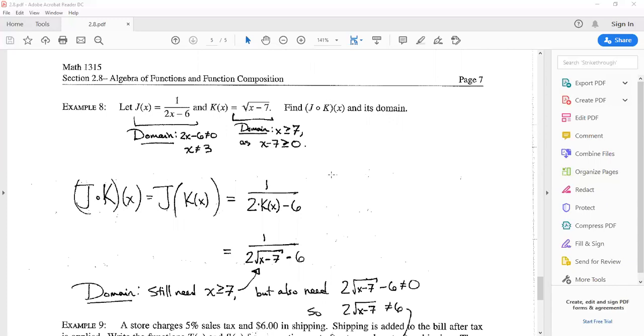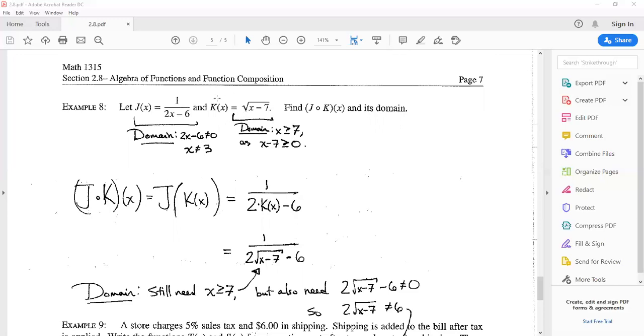But let's first just sit back and look at the domains of each function separately. So the domain of j of x is the set of all x that make 2x minus 6 not equal to 0. So that is to say that x cannot be equal to 3.